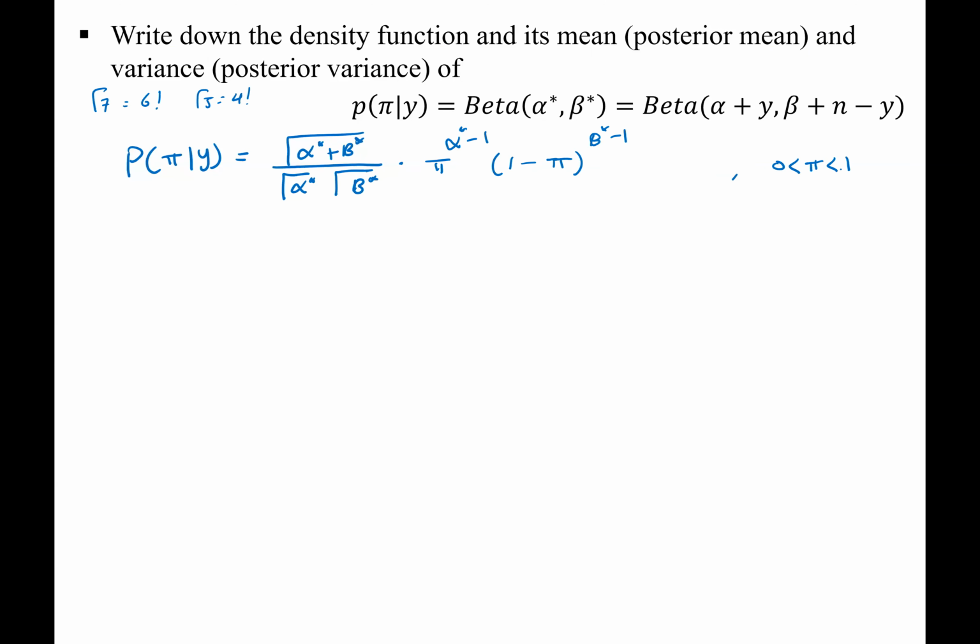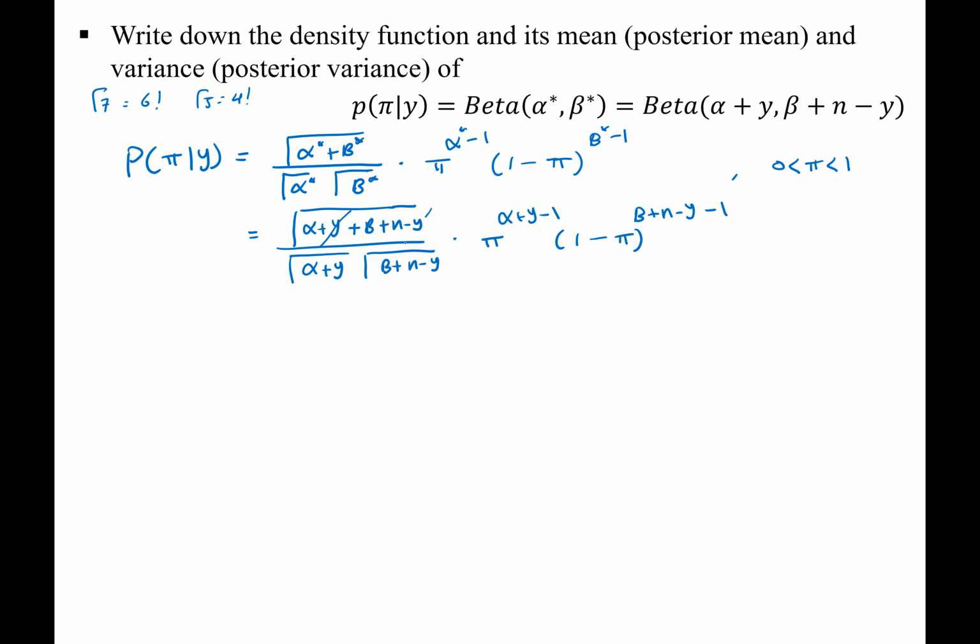So let's simplify this formula, because we know alpha star is alpha plus y, beta star is beta plus n minus y. So this one is gamma of alpha plus y plus beta plus n minus y, divided by gamma alpha plus y, times gamma beta plus n minus y, times pi to the power alpha plus y minus 1, times 1 minus pi to the power beta plus n minus y minus 1.